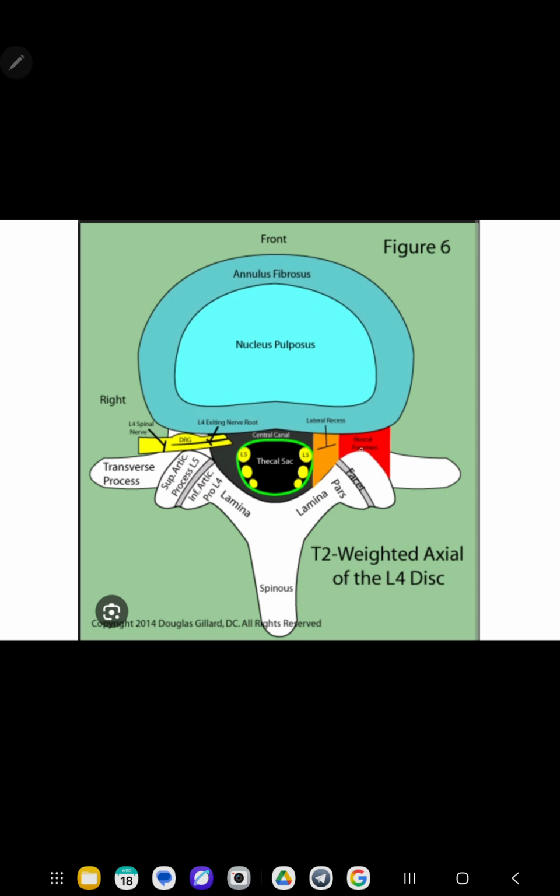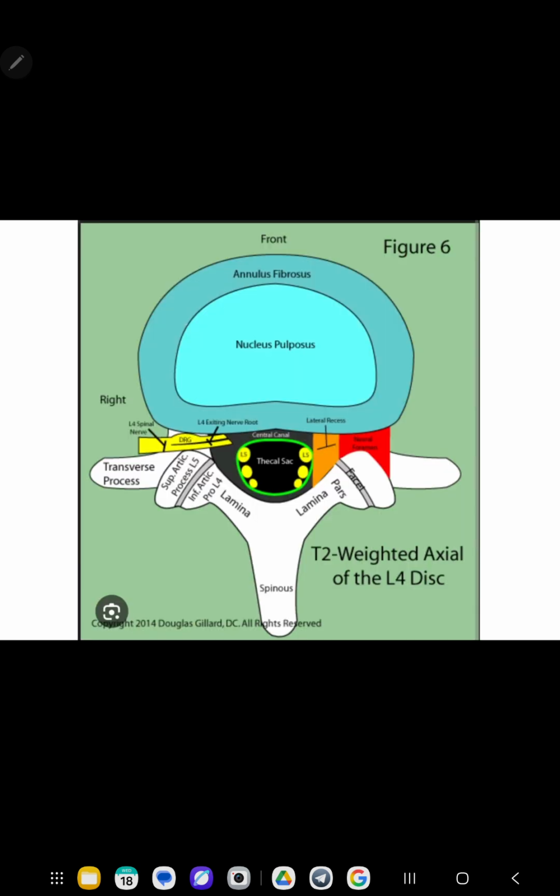It is important to know that there is something called the exiting and traversing nerve root. The traversing nerve root will be in the lateral recess, and the exiting nerve root will be in the neural foramen. Here we can see the exiting nerve root.